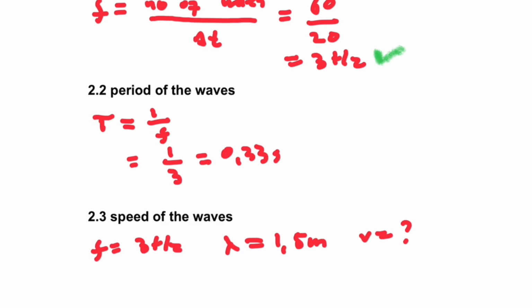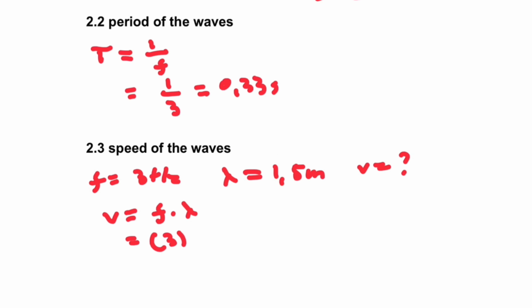Well, with these 3 variables, we are just going to use the fact that the wave speed is equal to the frequency multiplied by the wavelength. Frequency is 3 hertz, wavelength is 1.5, and this will give us 4.5. So there we go. Our wave speed is 4.5 meters per second.